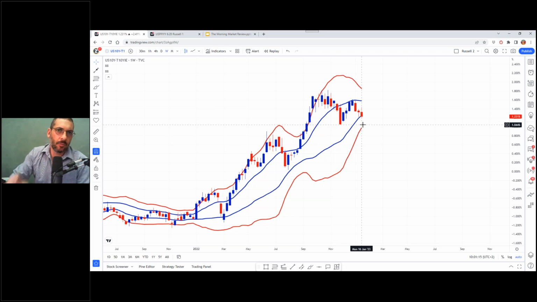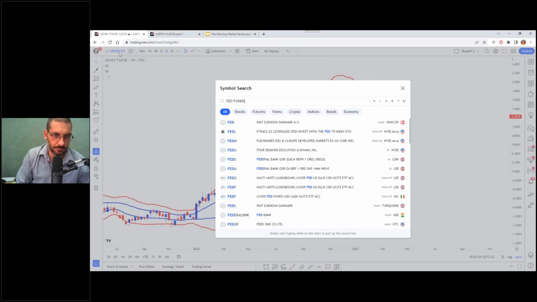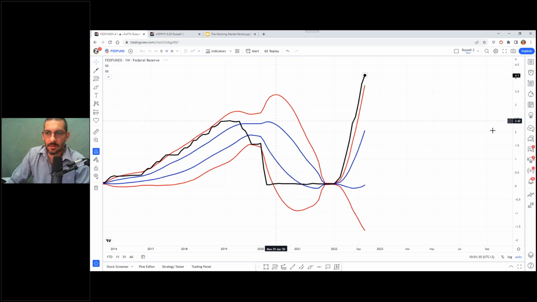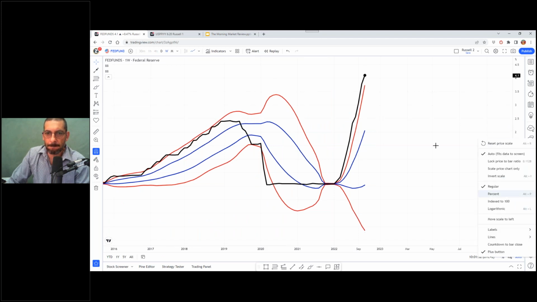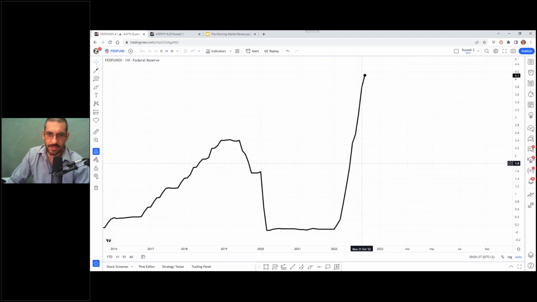Okay, one more chart, and then we're going to go through to our instruments. Take a look at this one, guys. Fed funds rate. I want to get rid of the Bollingers.